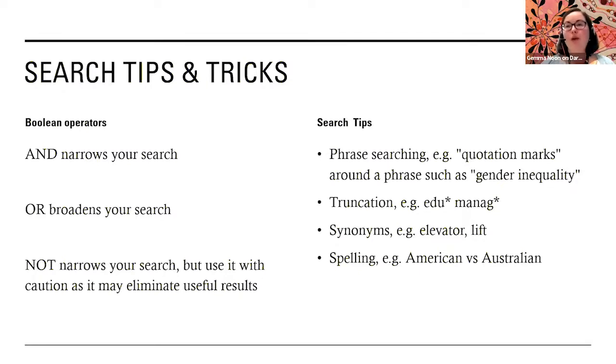So by all means, feel free to play around with those, but I would say when you're first starting to get used to searching, and is probably the best Boolean operator to use, and it's going to help you to find things quickly and efficiently by narrowing your search straight away.